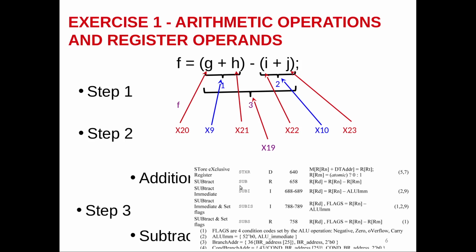So we will use the instruction like sub RD, RN, and then RM, in which RD, the destination, will equal RN, the first operand, minus RM, the second operand.